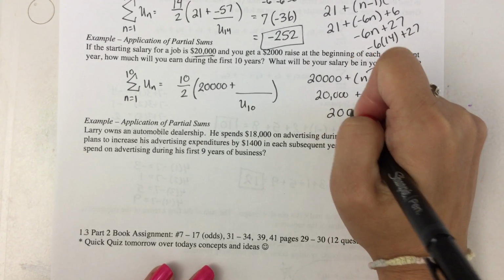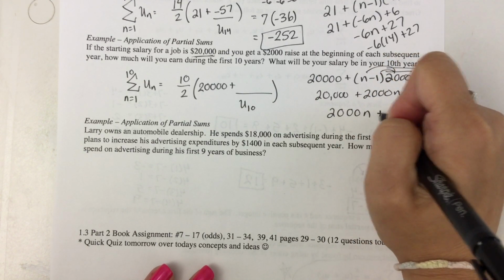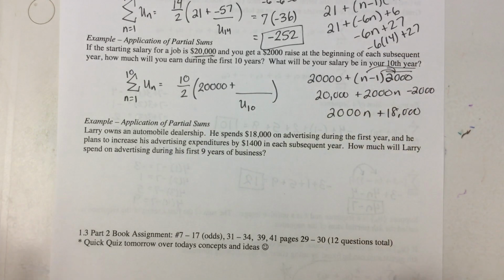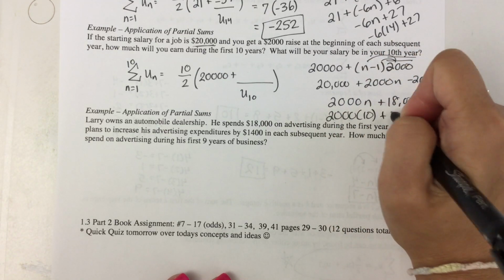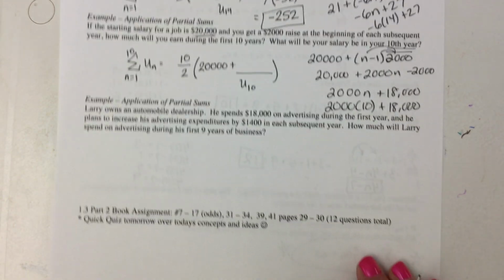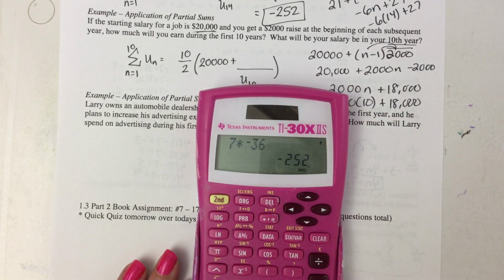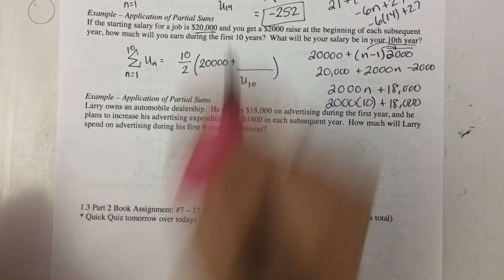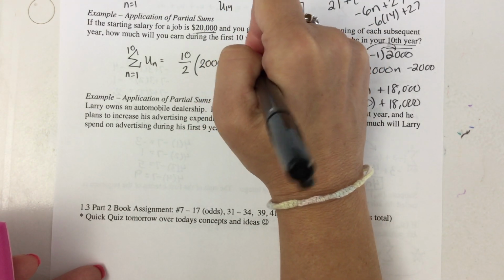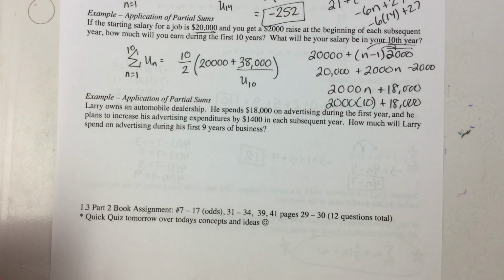So I have 2,000n plus 18,000. So if I want to find out how much money I would make the 10th year, and that's just for the 1 year, that's not the sum, 2,000 times 10 plus $18,000, your 10th year, your pay is $38,000.